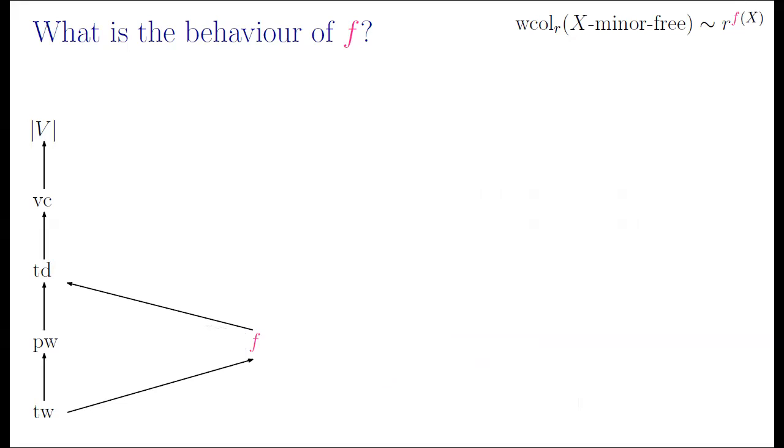So what is F tied to? We had only one candidate left. It's a parameter related to tree depth, which I will define later. It also behaves in a similar way to pathwidth, in that it's an upper bound of treewidth and a lower bound of tree depth, but it is not connected to pathwidth at all.